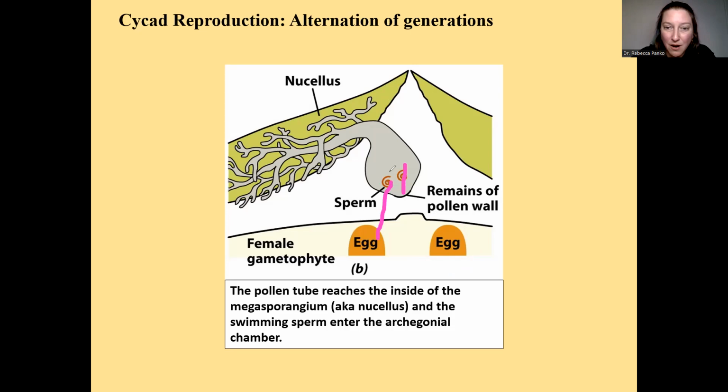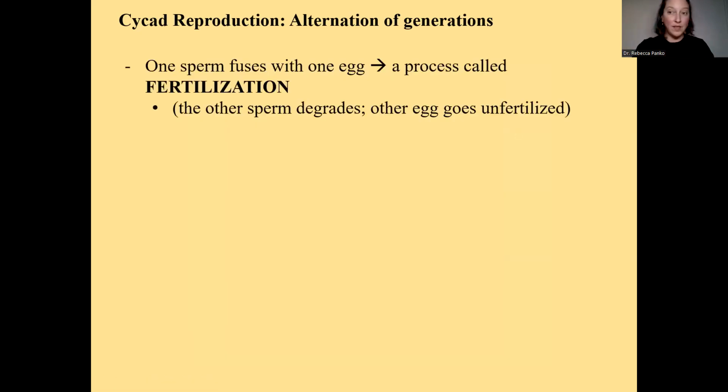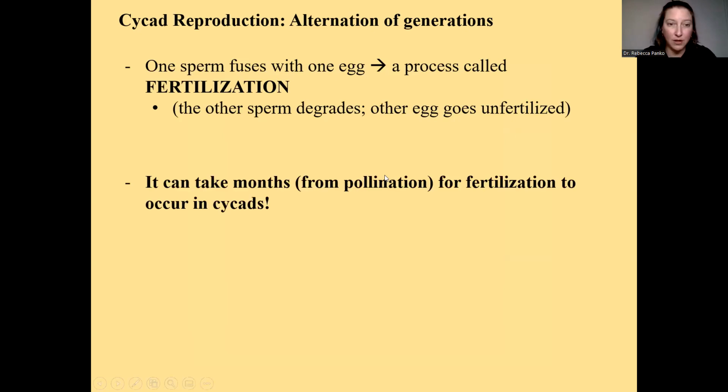This other sperm, sorry guy, it'll just degrade, and this egg, sorry egg, will just degrade. So it's kind of a race to see who wins. But when the sperm fuses with the egg, that's the process we're already used to, which is fertilization, right? The other sperm will degrade and the other egg will go unfertilized.